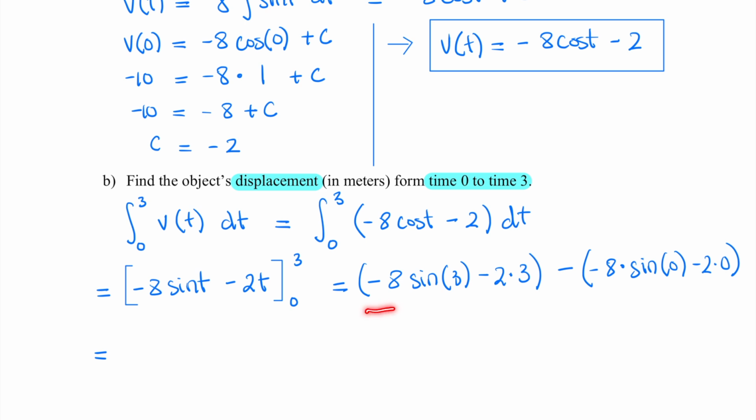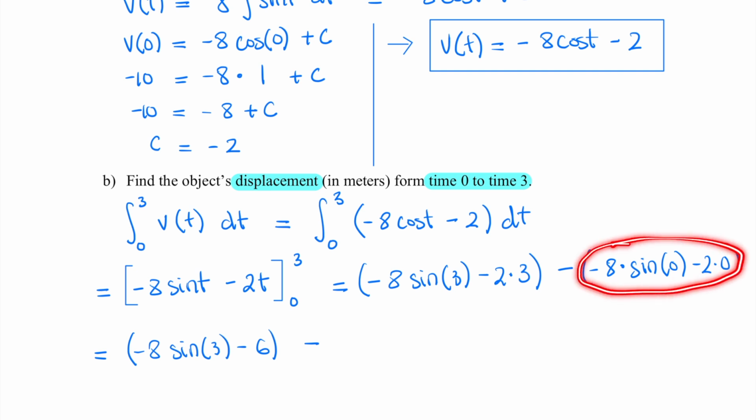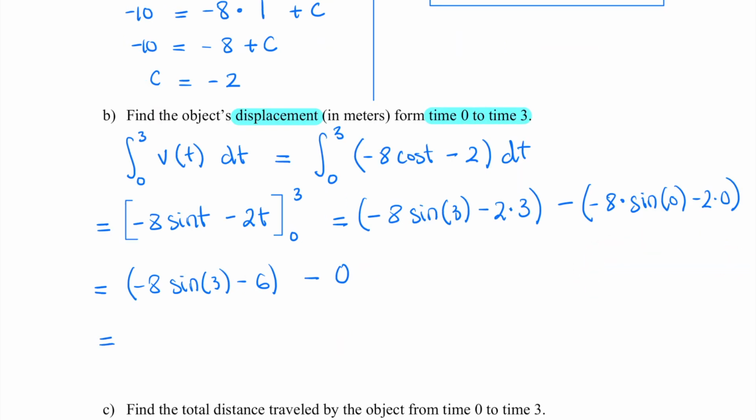So I have negative 8 times sine of 3 minus 6. Sine of 0 is 0. 0 times negative 8 is 0. 2 times 0 is 0. So this becomes 0. So I have negative 8 times sine of 3 minus 6.